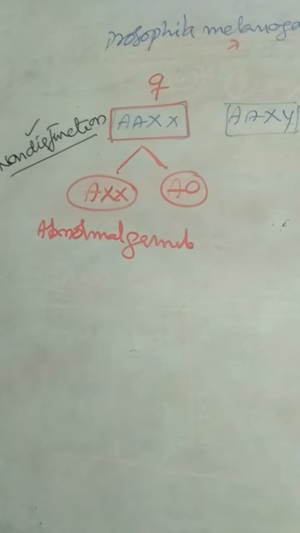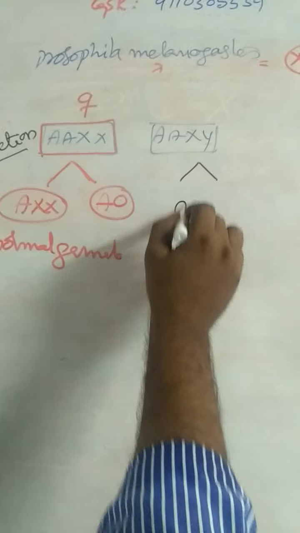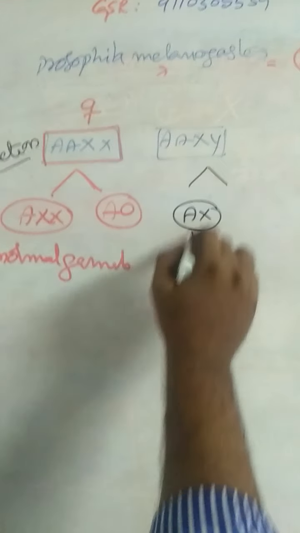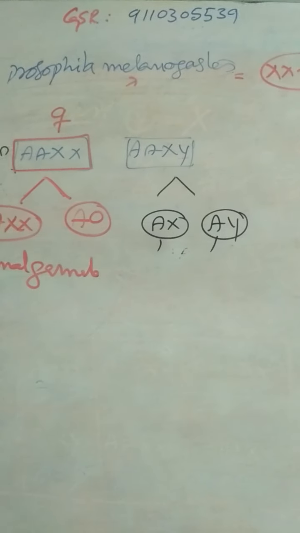Here, the female produces the abnormal gametes and the male produces the normal gametes. Normal gametes are AX sperm and AY sperm.